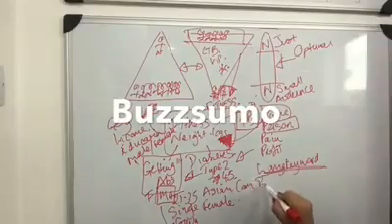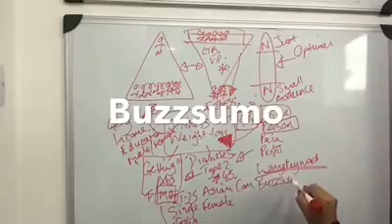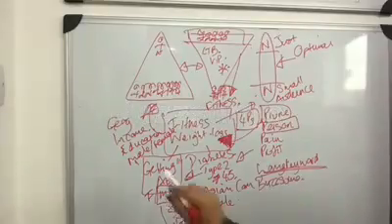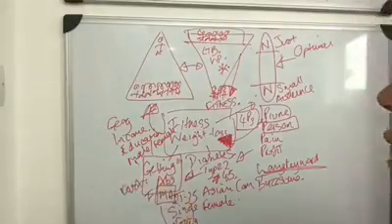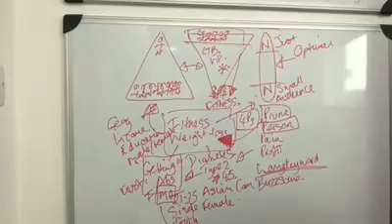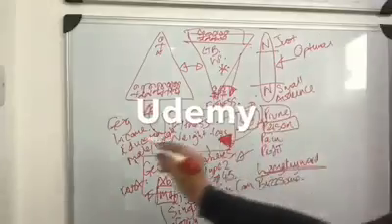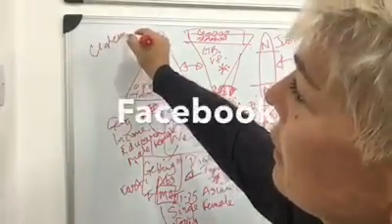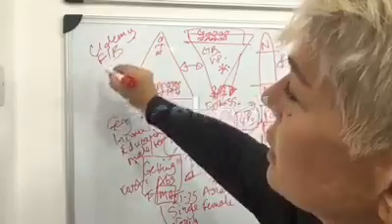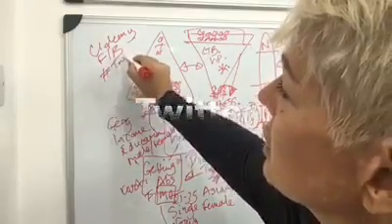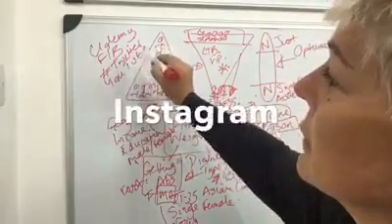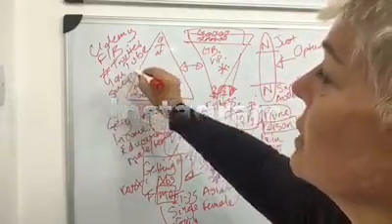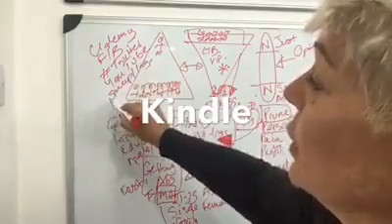And I'd also recommend BuzzSumo for that as well, looking at popular articles on this. And you can actually check that getting abs fast, for example, would be a popular topic by searching on things like Udemy, Facebook, doing a Twitter hashtag search, YouTube, you know, even your Snapchat and Instagrams, your Kindle books.